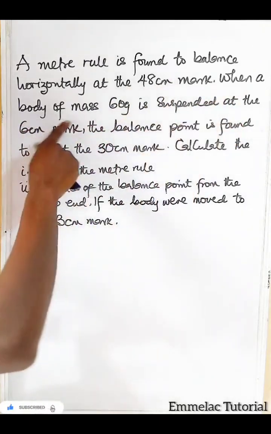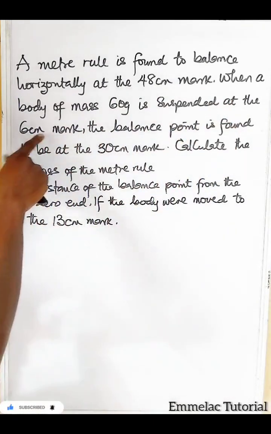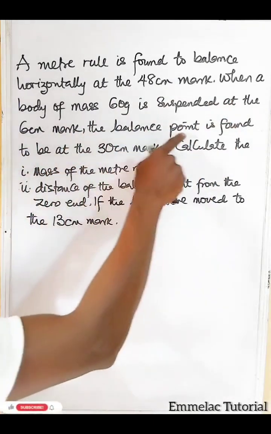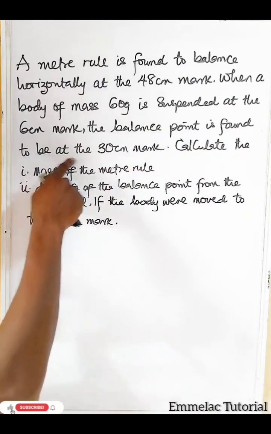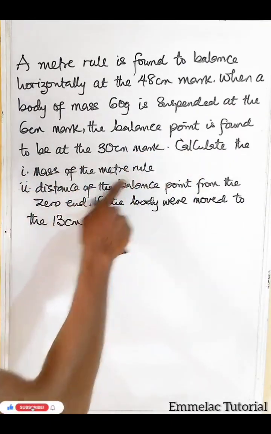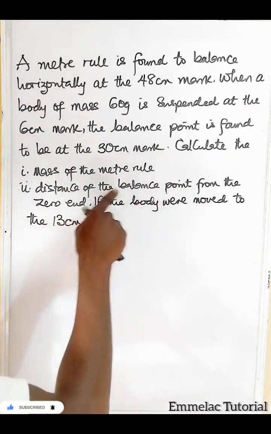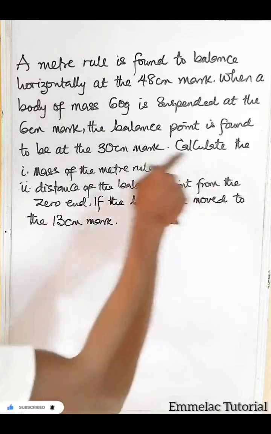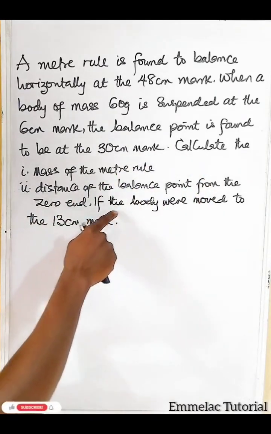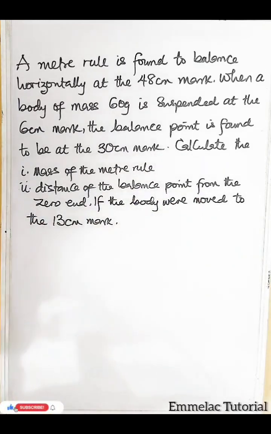Now when a body of mass 60 grams is suspended at the 6 centimeter mark, the balance point is found to be at the 30 centimeter mark. Calculate the mass of the meter rule. Number 2, the distance of the balance point from the 0 end if the body were moved to the 30 centimeter mark.